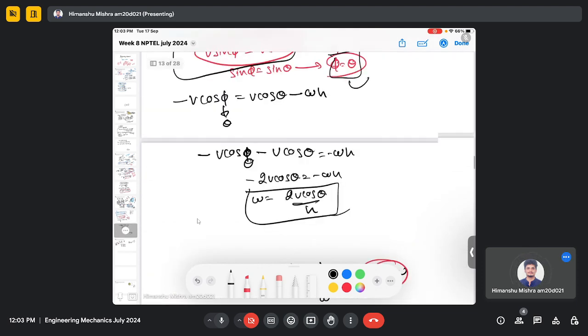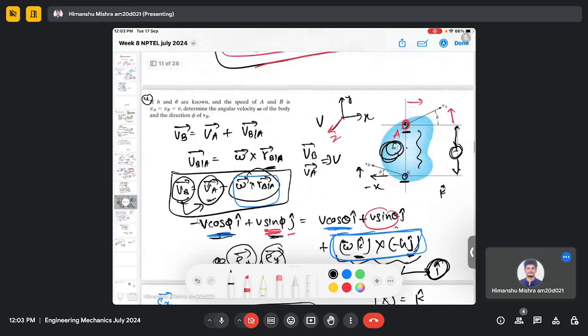That is what we did in the previous problem, where we connected the velocity between the two points A and B by the expression Vb equals Va plus omega cross Rba.